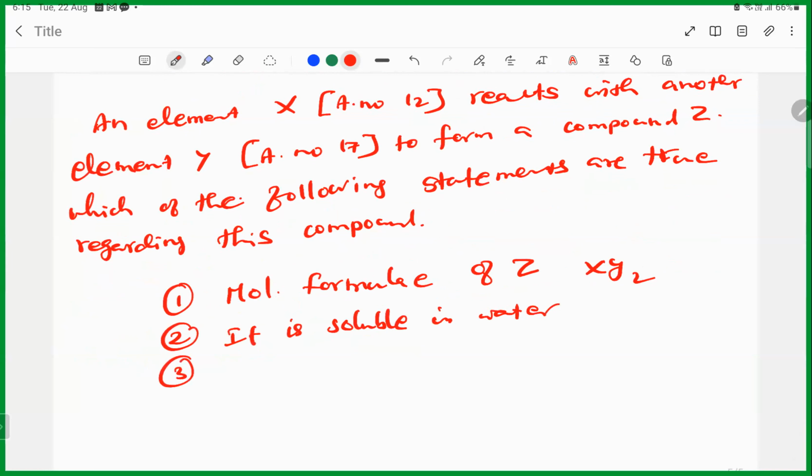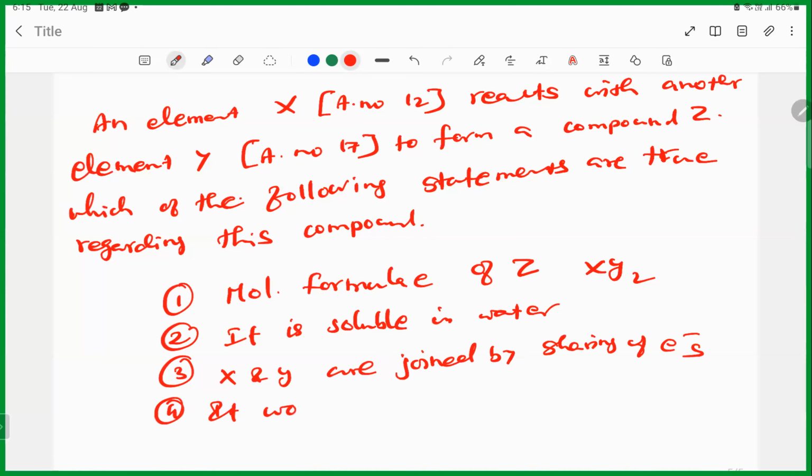Number 3, X and Y are joined by sharing of electrons. Number 4, it would conduct electricity in the molten state.